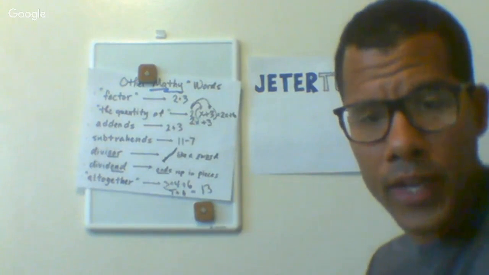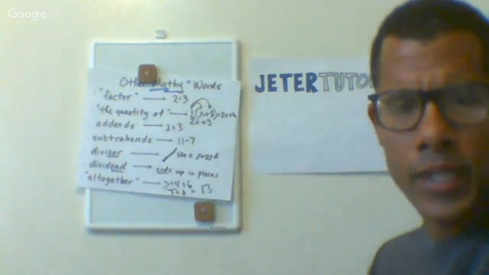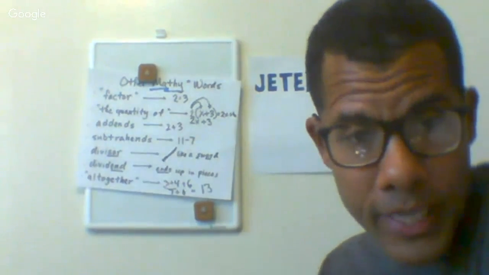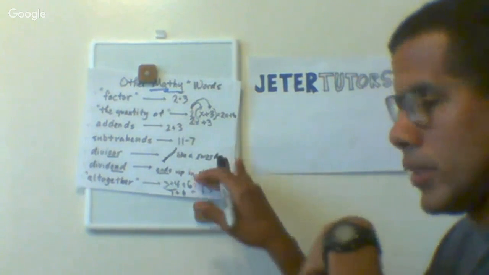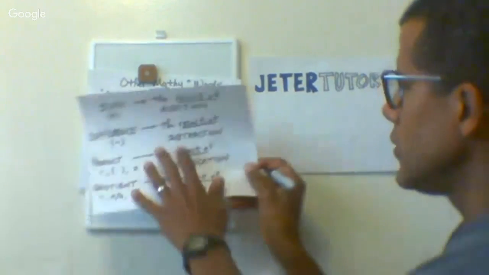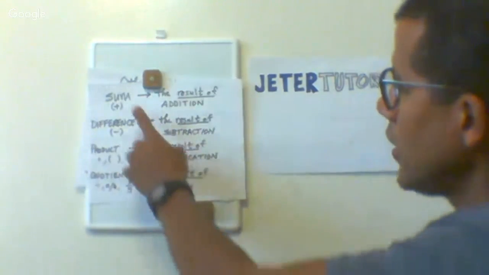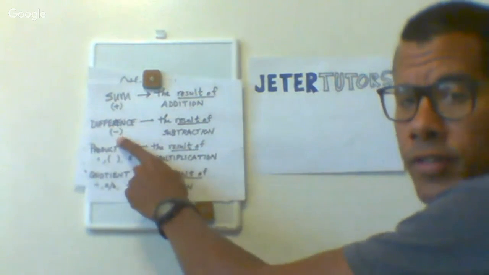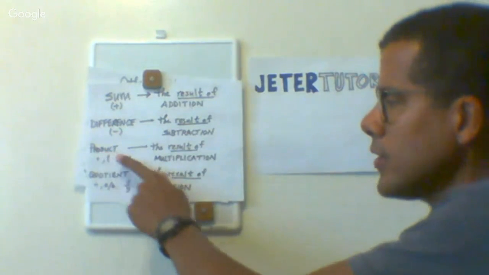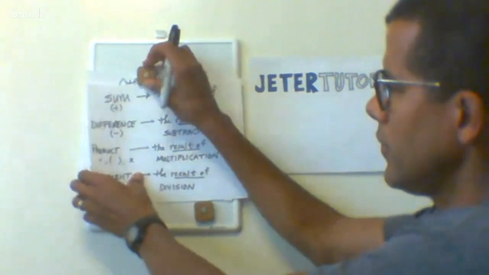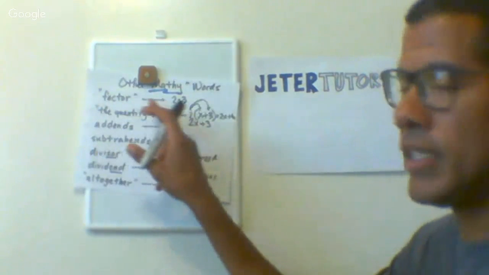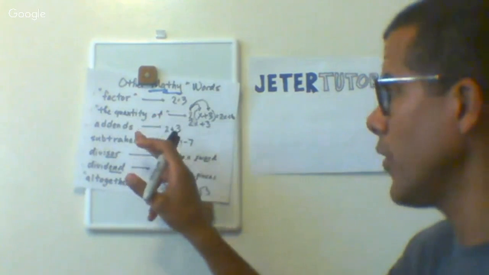Sorry about that. Okay, so I know this is a little messy. We're going to get better with that. But let's just quickly go over some of our mathy words. Sum, addition. Difference, subtraction. Product, multiplication. Quotient, division. Factor means things that are multiplied together.